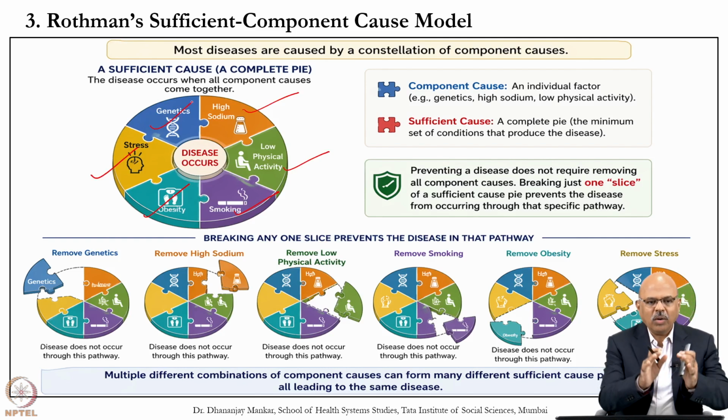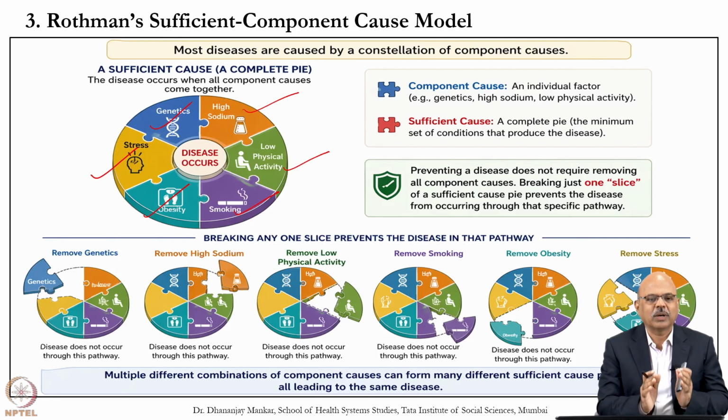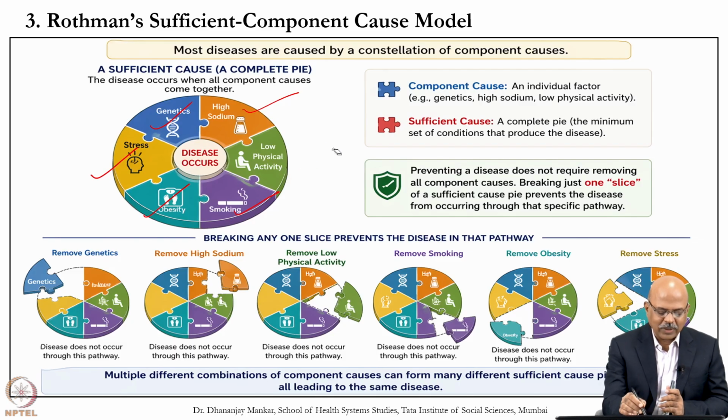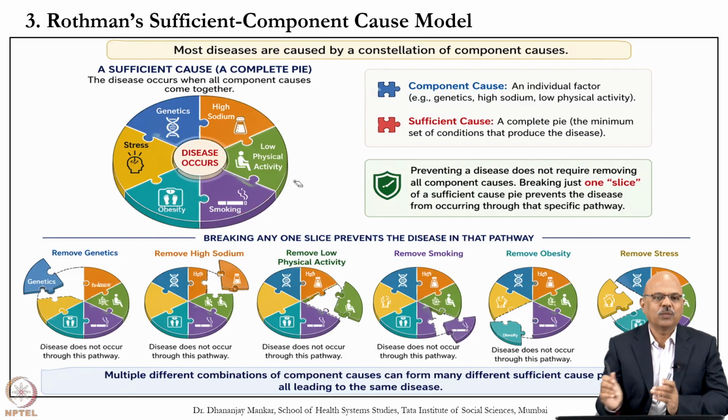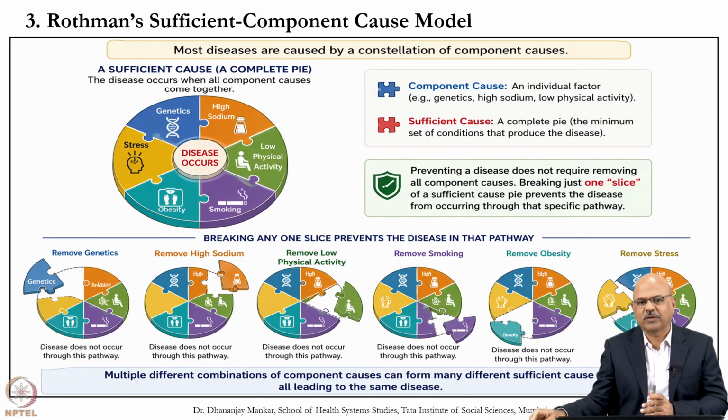If you take all of these as a cluster, there is a sufficient reason to state that the disease can be caused. This is a pie, and a cluster of the whole gives you one reason to bring about the disease.